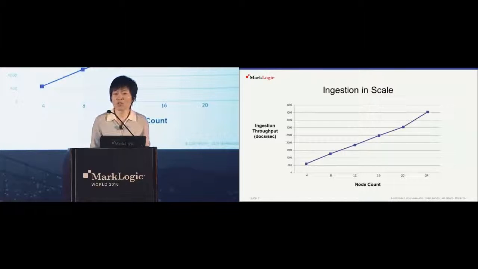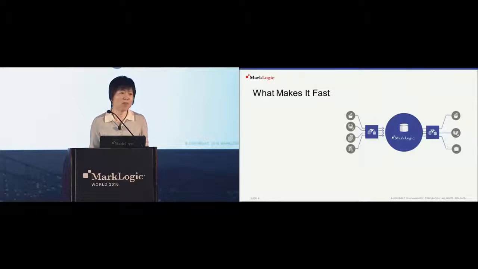And here's a chart showing some ingestion throughput that we measure when we use MLCP to ingest to a MarkLogic cluster running on AWS. As you can see, as the cluster size grows, so does the ingestion throughput. So Content Pump is known to be the fastest way to load data into MarkLogic. Let's see how.